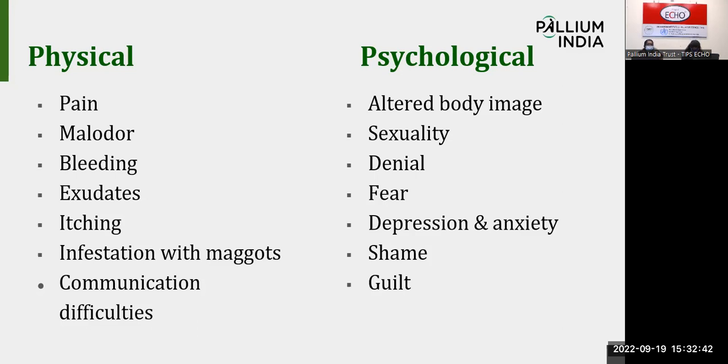That is exudate. Also, if there is an infection, with a lot of necrotic tissue in the wound, there will be inflammation, and with inflammation there is a chance of fluid formation, so the fluid comes out.